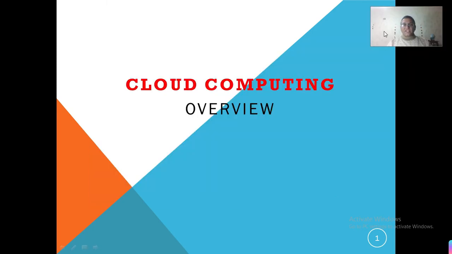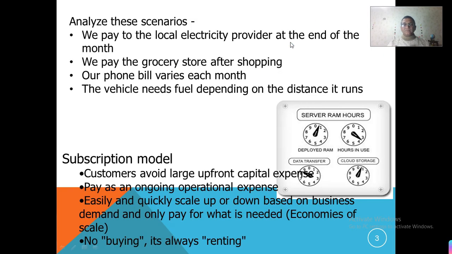Okay, so to understand cloud computing, let us take an analogy that we use in our day-to-day life. Let us look at these scenarios that you see on the screen. The first scenario is we pay the local electricity provider at the end of the month.